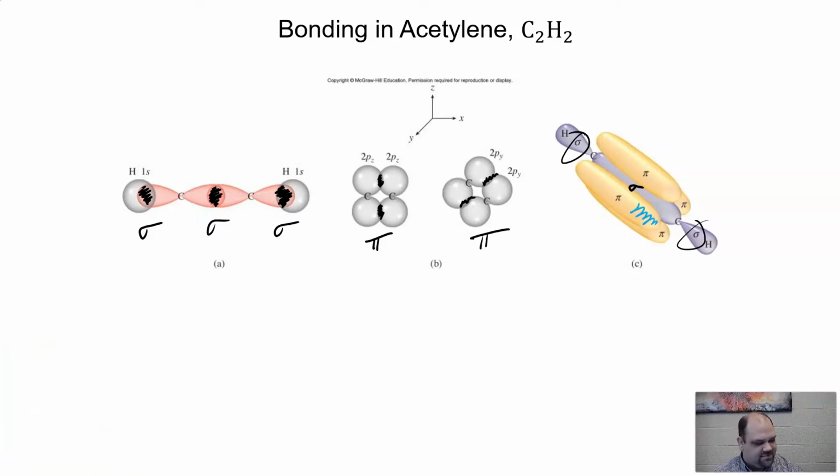This cloud of pi and this opposite cloud of pi form one pi bond, and then the other two that I'm going to just leave yellow, those form the second pi bond. Right? And so again, pi bonds occur above and below the sigma bond. The yellow ones are one pi bond, and the blue ones are another pi bond.